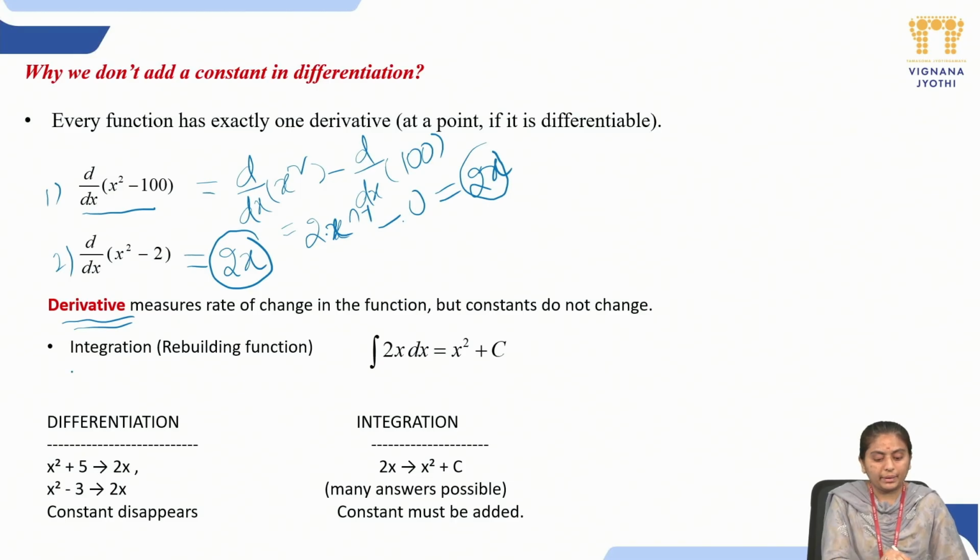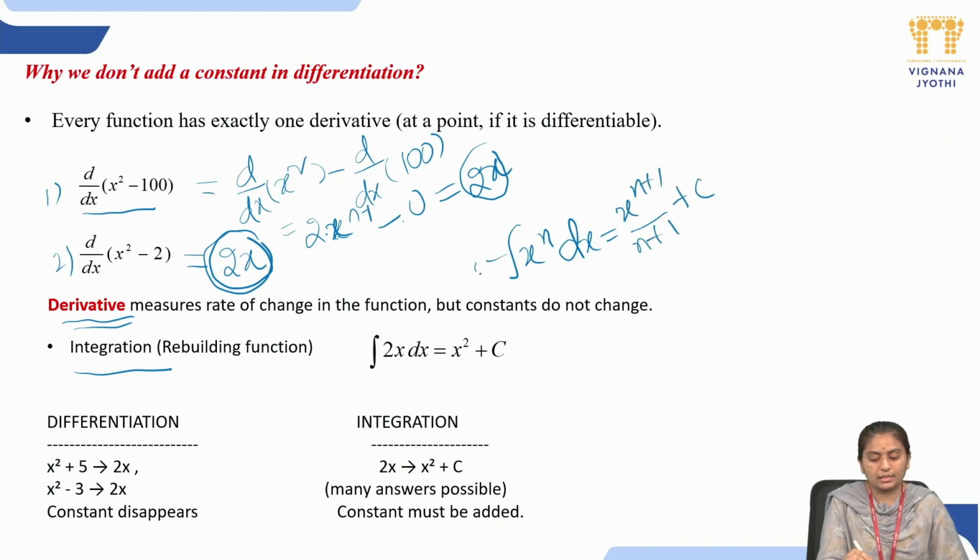But coming to integration, integration is rebuilding the function, meaning the total function we have to calculate. So here, for the same result we obtained from the derivative in the above examples, integration of 2x dx is equal to, as you know the formula, integration of x power n dx is equal to x power n plus 1 by n plus 1 plus c.